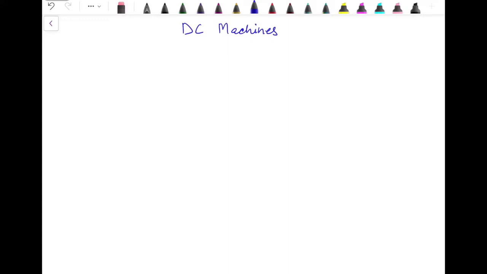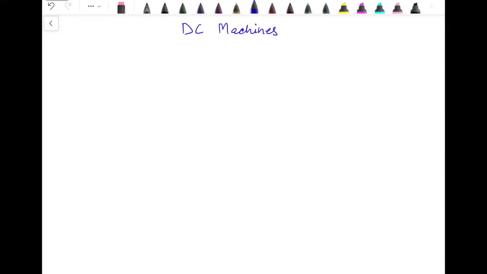For generator, we need magnetic field, conductor, and one of them should be stationary and the other should be rotating so that there is flux cut by the conductors. And when there is flux cut by the conductor, there is an induced EMF in that conductor.